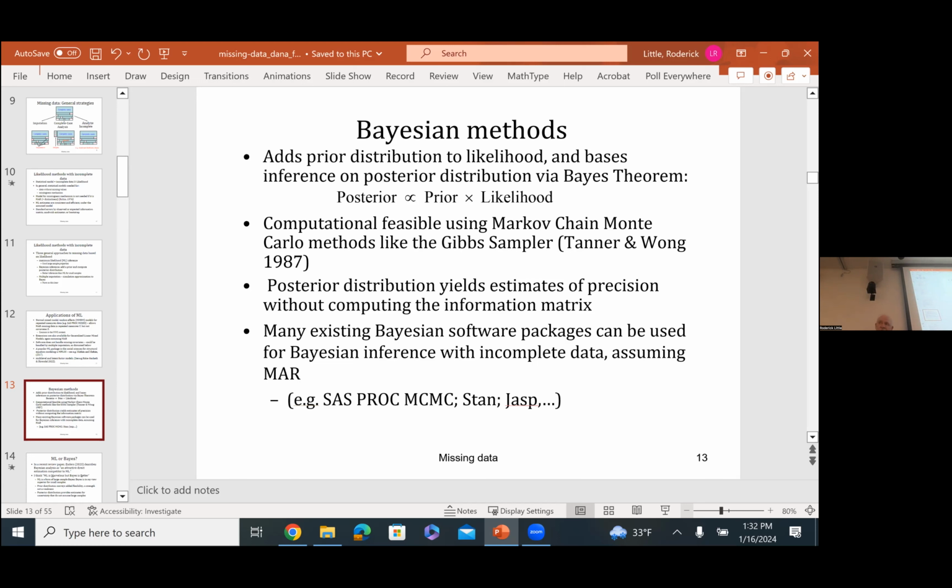With missing data, it's probably even more the case because the likelihoods for missing data tend to be more complex than the likelihoods for complete data, non-normal, if you like. And many existing Bayesian software packages can be used for Bayesian inference with incomplete data. Again, most of these assume missing at random.